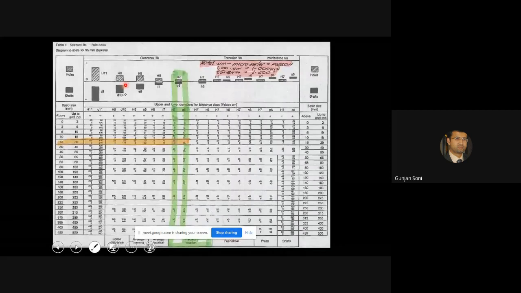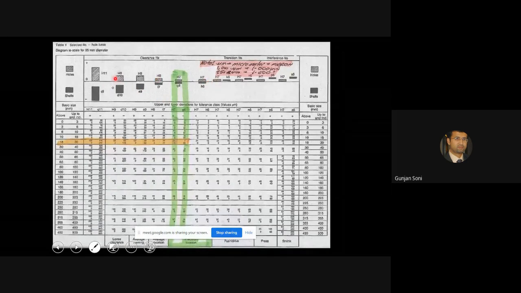And this is a hole basis system, because you can see that the tolerance zone of the hole and the fundamental deviation of hole is 0. When the fundamental deviation of hole is 0 for an assembly, it is a hole basis. And if the fundamental deviation of shaft is 0, it will be a shaft basis system.